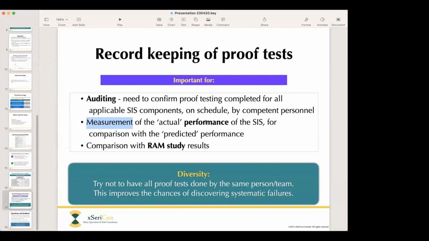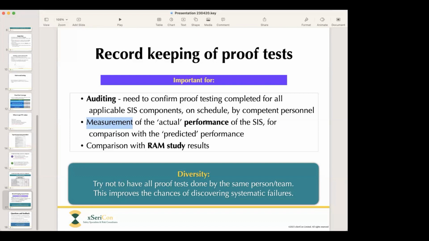And that's important because the standard requires you to do a comparison or a measurement of the actual observed performance of the safety function compared with what you assumed it was going to be during the analytical phase. And you need to do that in order to validate those assumptions that were made.